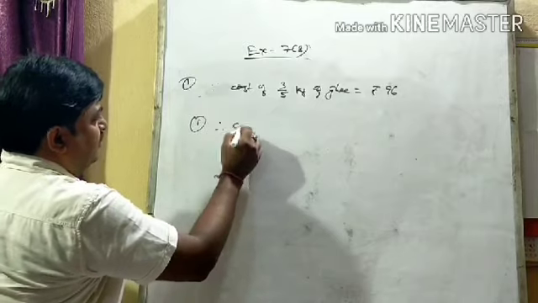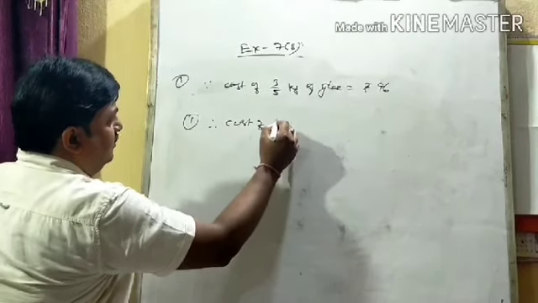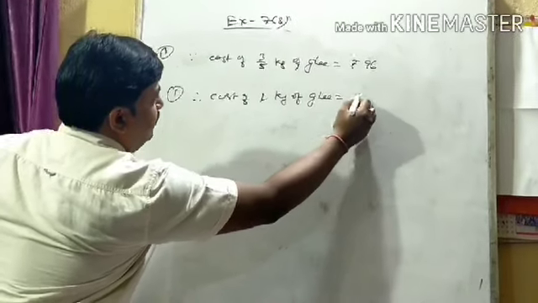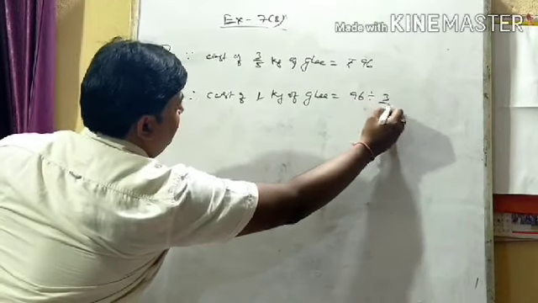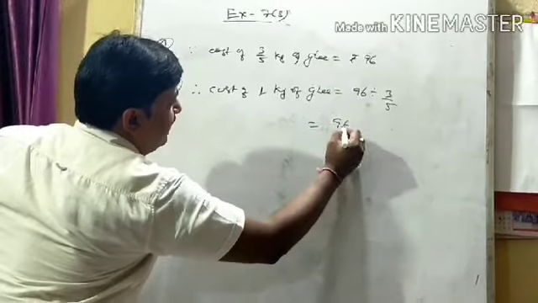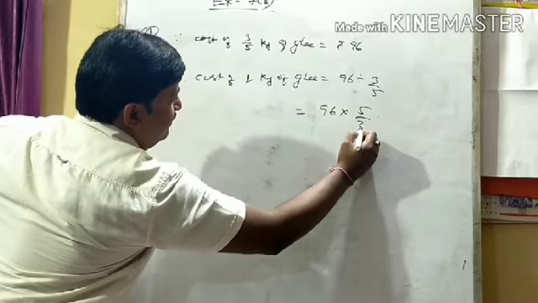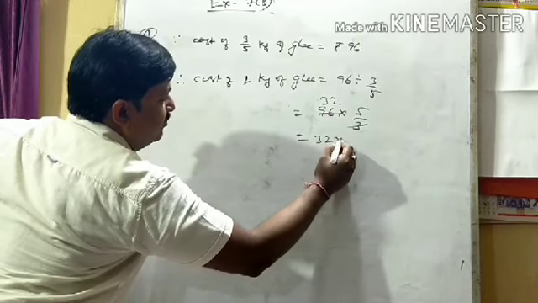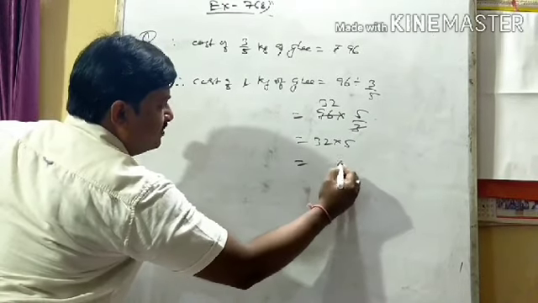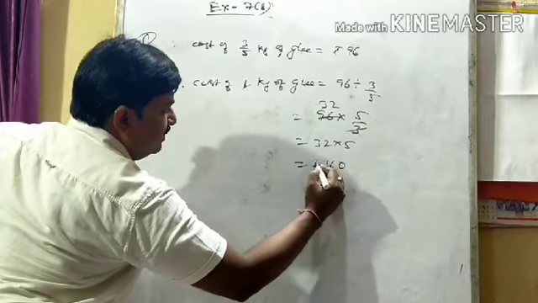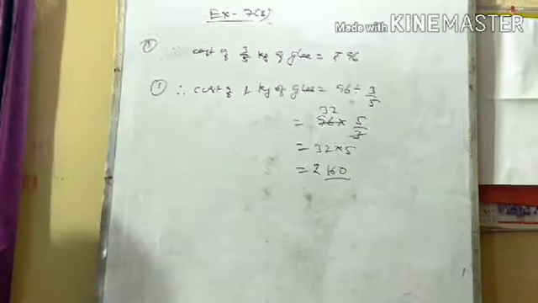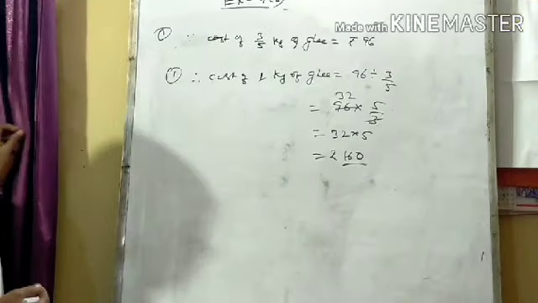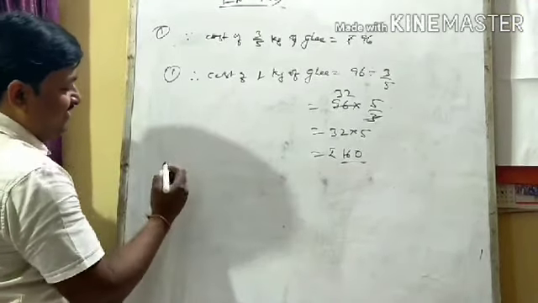The cost of 1 kg of ghee equals rupees 96 divided by 3 by 5, which is 96 into 5 by 3. 3 3s are 9, 3 2s are 6, so 32 into 5. 5 2s are 10, 5 3s are 15, so 160 rupees is the cost of 1 kilogram of ghee.